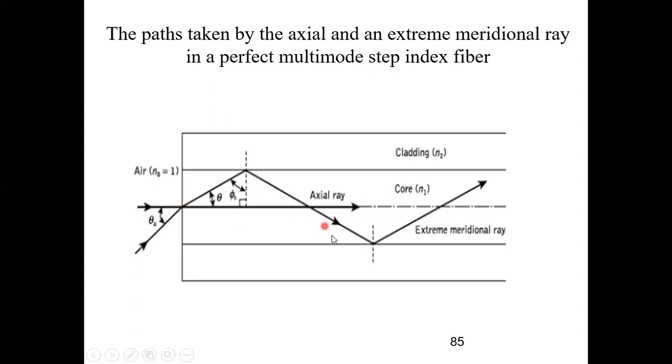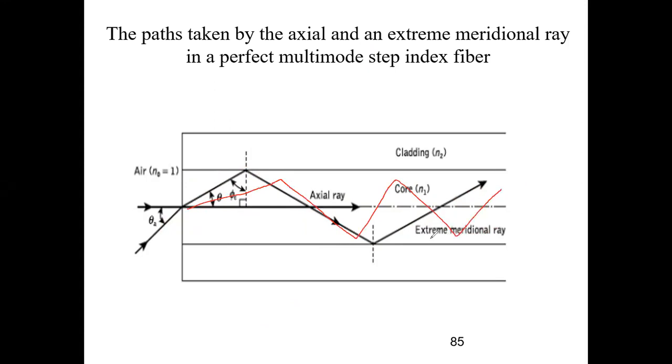Here there will be many meridional rays. Not all will touch the cladding and propagate. I have taken the second ray as the extreme meridional ray, which exactly touches the cladding, reflects back, again touches the cladding, and so on. In between, I might have some other rays which can propagate like this, but I am not considering that.